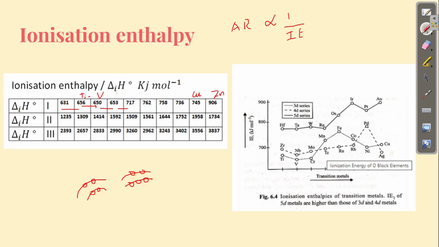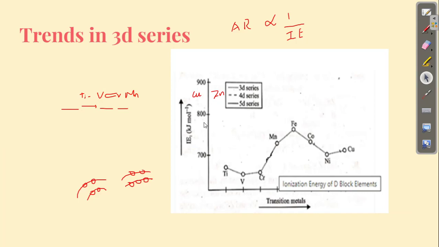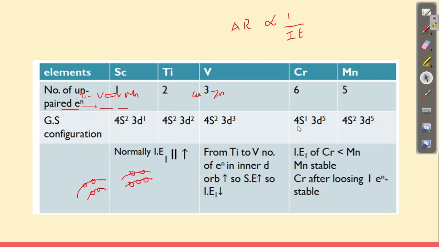From chromium to manganese, and from copper to zinc. When we compare these two, chromium has an electronic configuration of 4s1 and 3d5, and manganese has an electronic configuration of 4s2 and 3d5. So removal of the first electron from manganese will be a tedious job because it is itself a stable configuration.